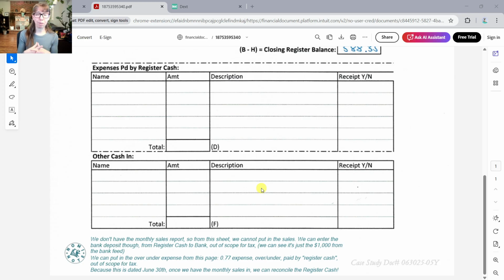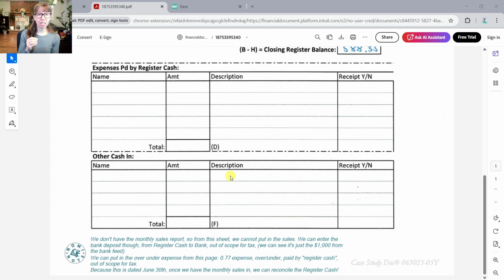So some other examples of cash coming in that I've seen, not just from the bank, so a bank deposit. Sometimes they'll take money out of the cash register and deposit it in, all the big notes, and then maybe they'll withdraw certain coins or smaller currencies that they need when they are at the store and selling things and need to make change. So other cash in can simply just be change from the bank.